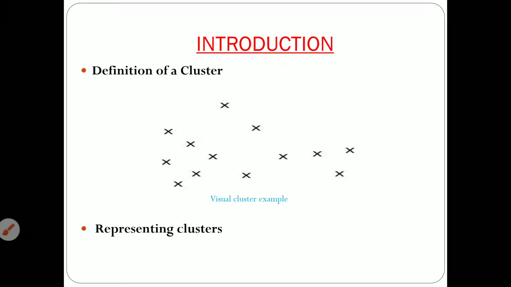And next is the representation of clusters. Before going to the representation of the cluster, in this diagram there are two clusters of approximately equal size. After having the equal size, you can see the clusters depending upon how we draw the dividing lines.